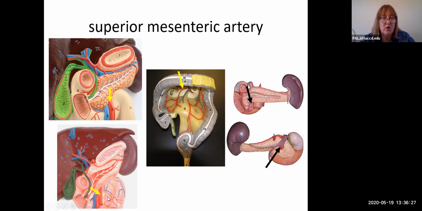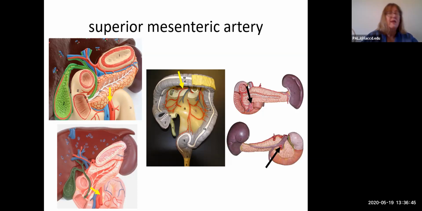We have the superior mesenteric artery there. So you can see that in all 3 of these digestive system models that have pancreas. So anytime you're looking at pancreas, look at the inferior border, and that's where your superior mesenteric blood vessels will be found.